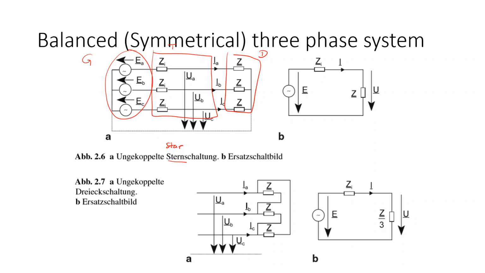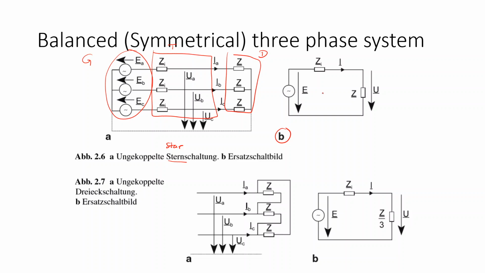Last time we derived that when the three phases are balanced, there is no current flowing in the neutral, so we could remove the neutral current. And on the left side, picture B shows you the single phase representation.